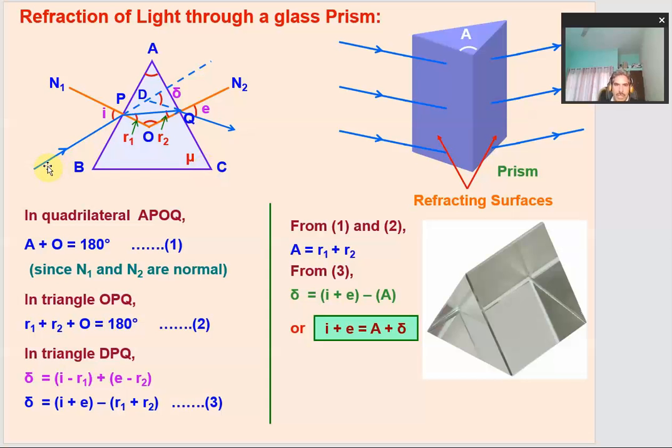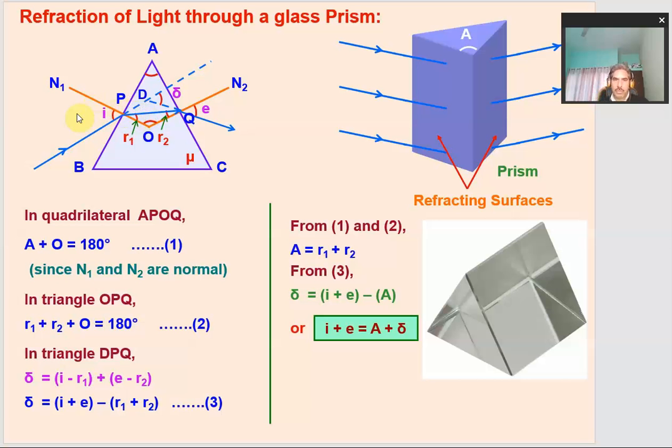This light ray which is incident on surface AB just finds a medium which is different from the earlier one. Earlier it was traveling in air, for example, and now it is traveling in glass. So the properties of the light ray change, and in order to compensate for that change in properties of the light, like speed and wavelength, it changes its direction.